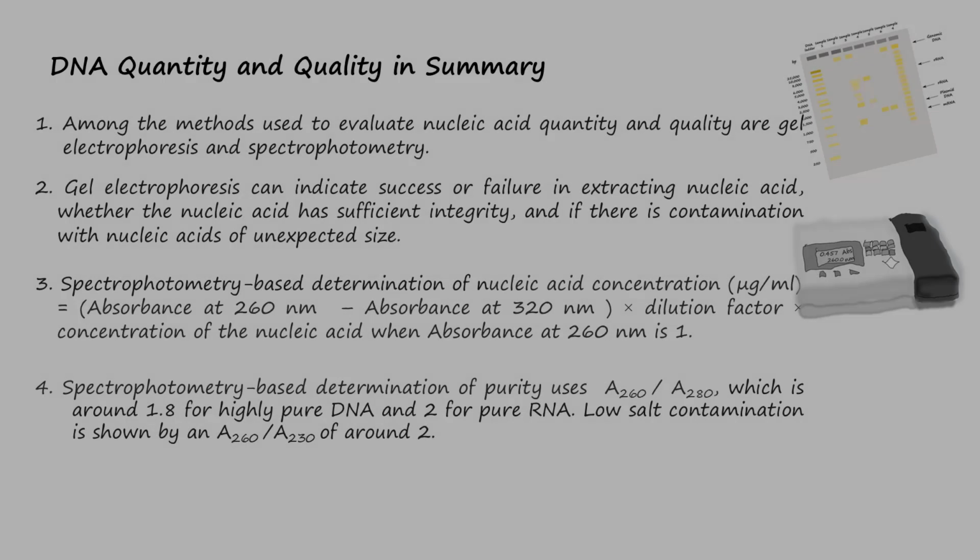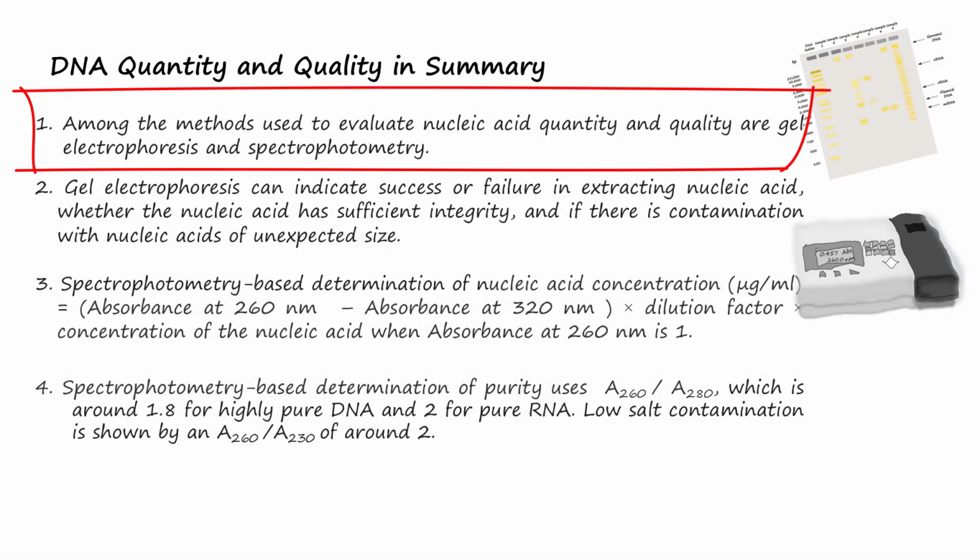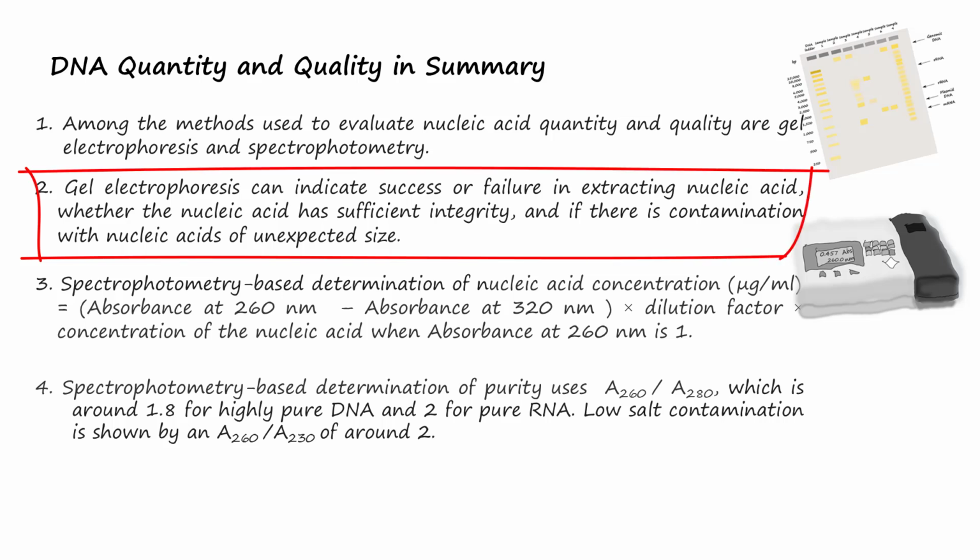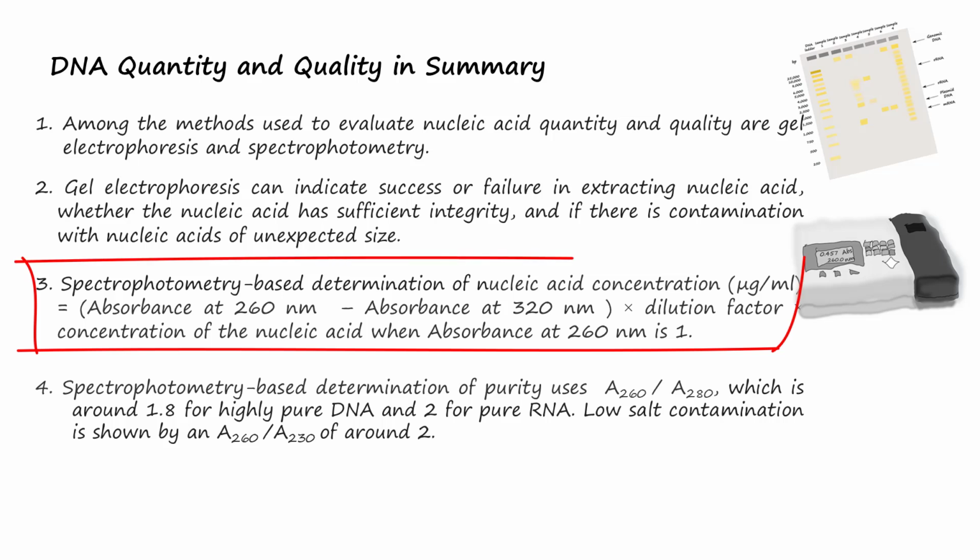In summary, 1. Among the methods used to evaluate nucleic acid quantity and quality are gel electrophoresis and spectrophotometry. 2. Gel electrophoresis can indicate success or failure in extracting nucleic acid, whether the nucleic acid has sufficient integrity, and if there is contamination with nucleic acids of unexpected size. 3.